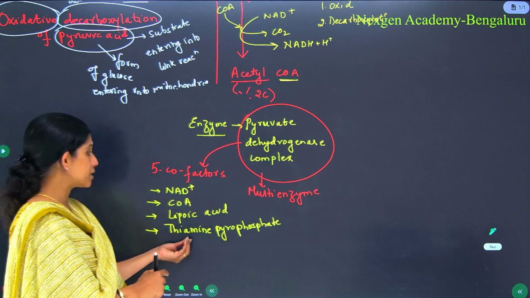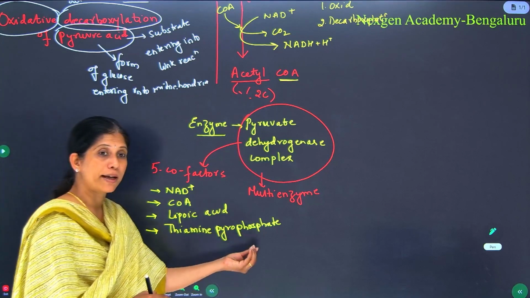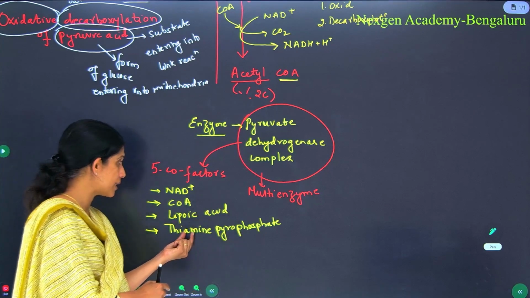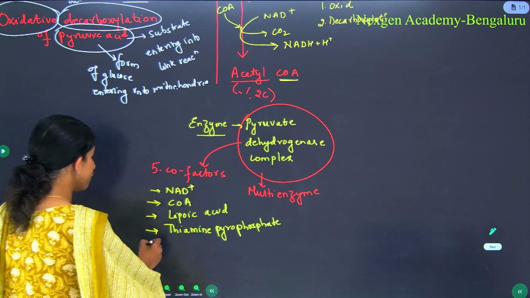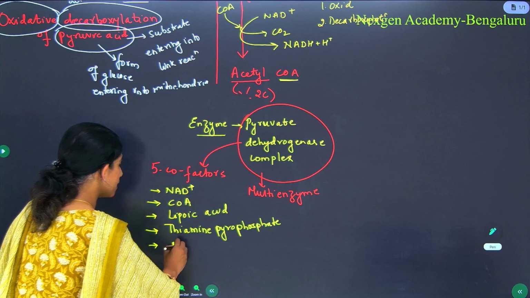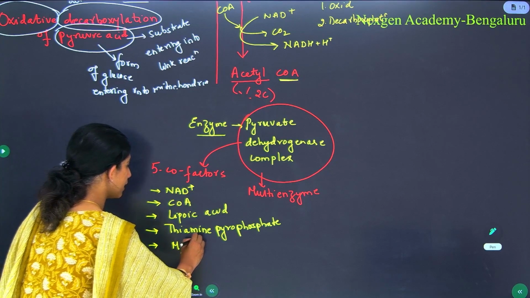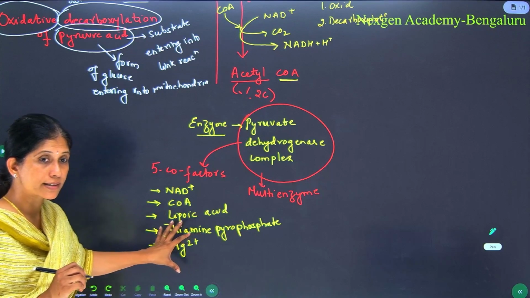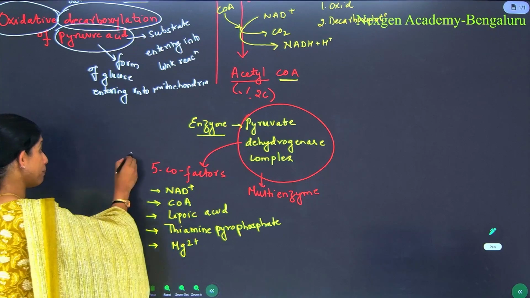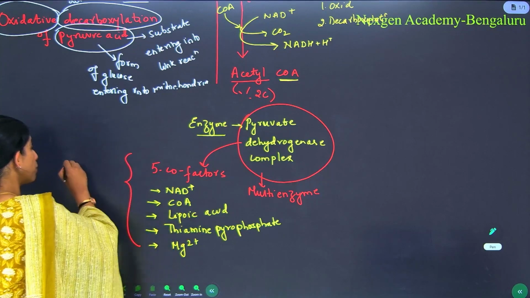This is a vitamin. So thiamine pyrophosphate is also a coenzyme, which means it's a cofactor. And finally, what you have is magnesium, Mg2 plus. So these are the 5 cofactors that will be participating in which process?